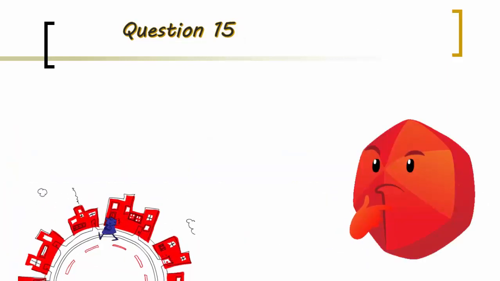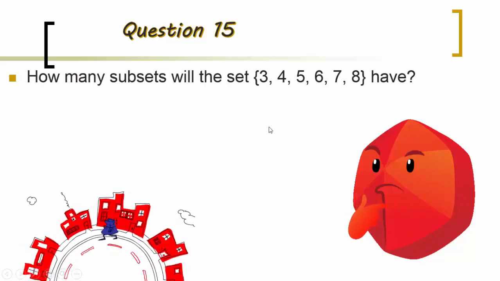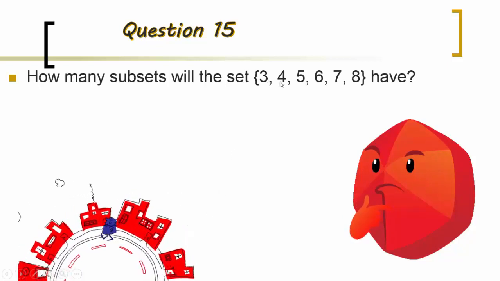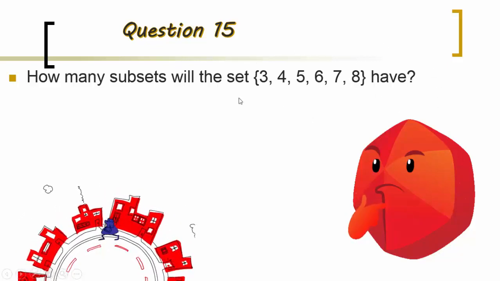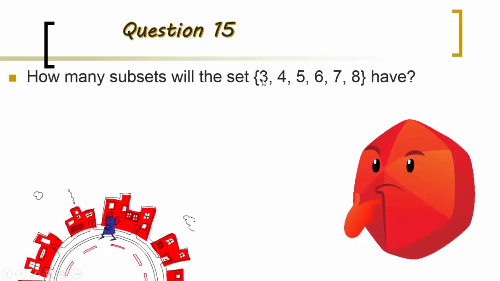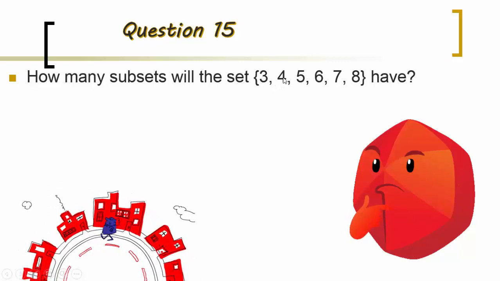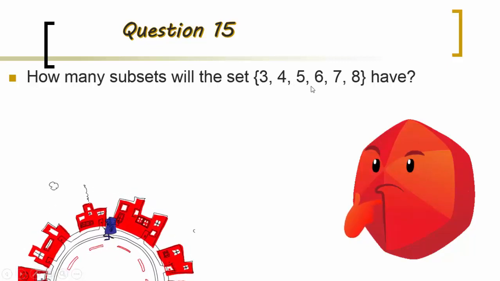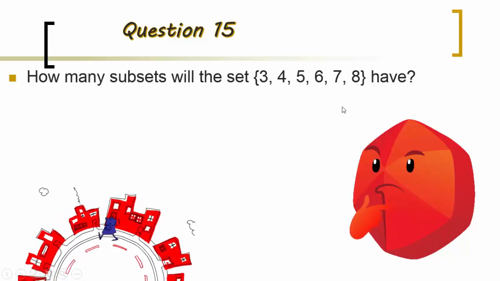In question number 15, we have this set with 3, 4, 5, 6, 7, and 8. And we want to figure out how many subsets this has. So we're going to count the number of elements. We have 1 element, 2 elements, 3 elements, 4 elements, 5 elements, 6 elements.